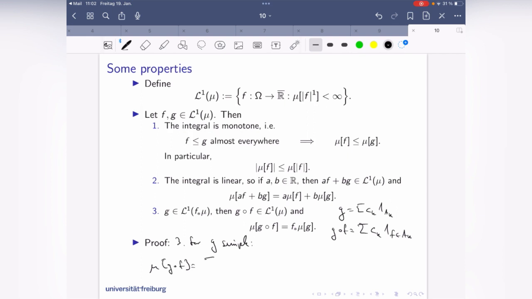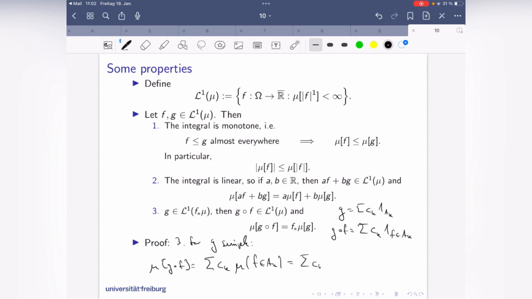For g composed with f, I have to use the sum of ck mu of f in Ak. But mu of f in Ak, okay, what's that?